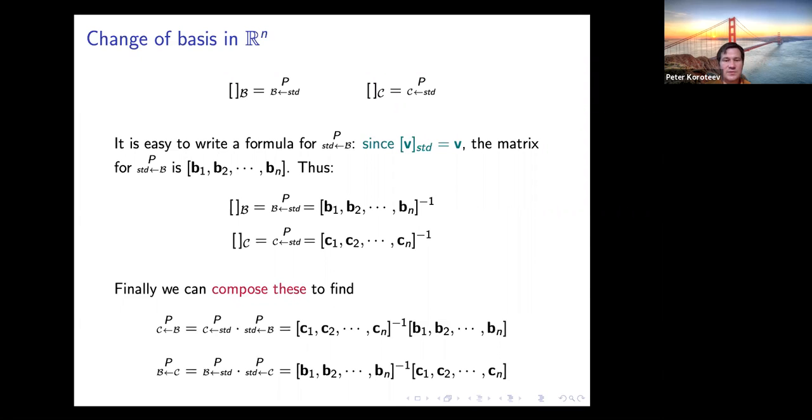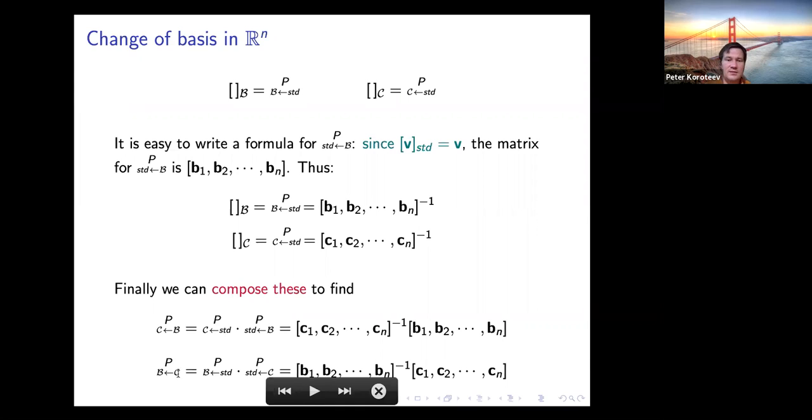And finally, we can compose, right? So we can use the standard basis as an intermediate step in order to find the change of basis matrix between bases B and C. If you follow what we just said, the change of basis transformation from B into C is equal to the product, in this order, of the change of basis from standard into C times that of change of basis from B into standard.